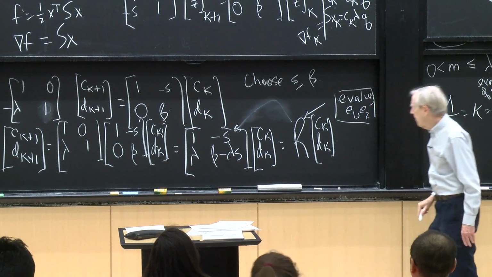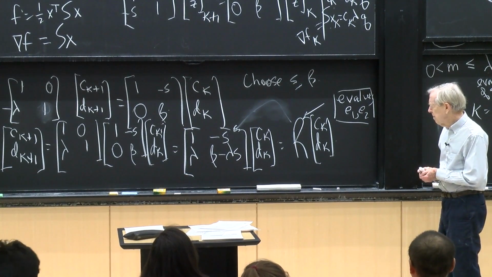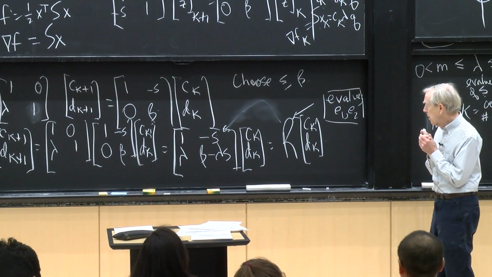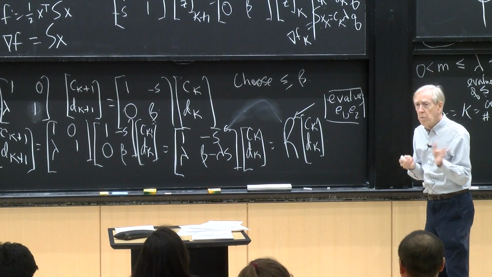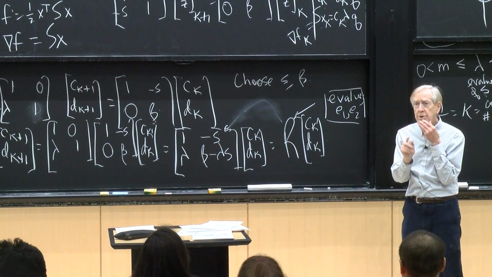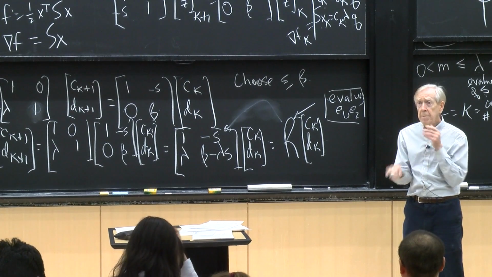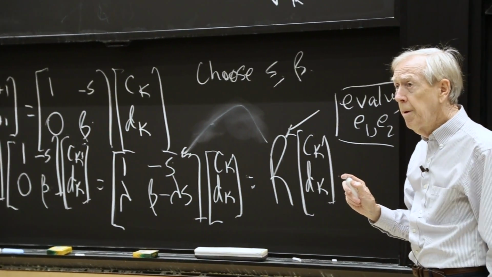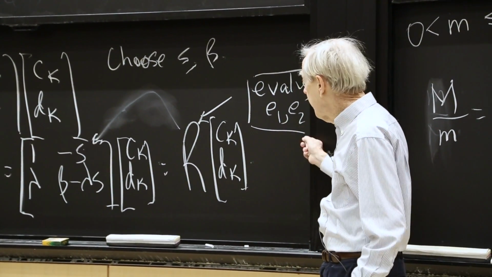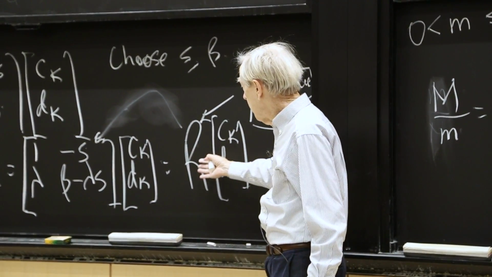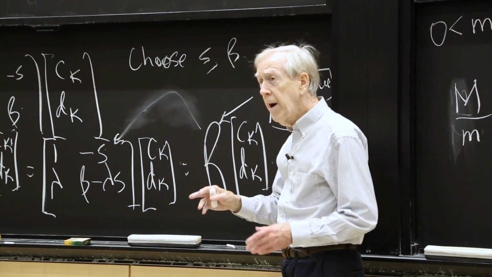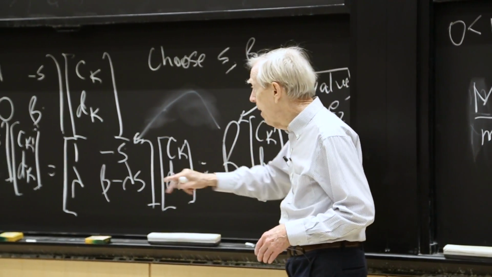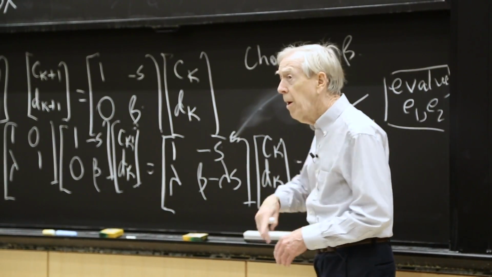So those are the eigenvalues of R, just giving a letter to them. So what's our job? We want to choose s and beta to make those eigenvalues as small as possible. If R has small eigenvalues, its powers are small. See, every step multiplies by R.